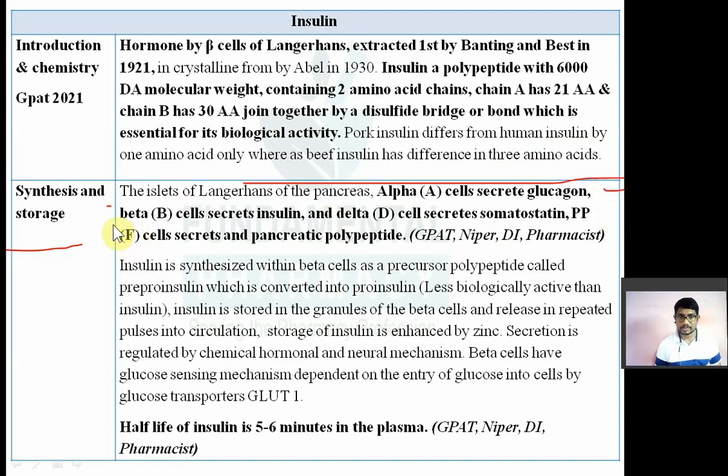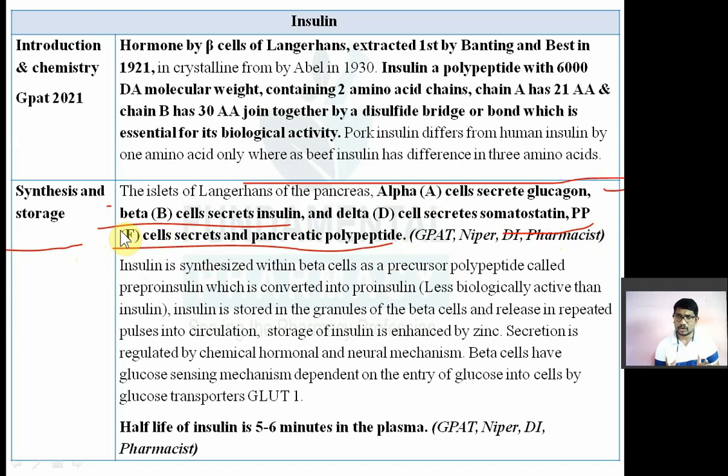Beta cells will secrete insulin, delta cells will secrete somatostatin, and PP or F cells will secrete pancreatic polypeptide. These are the different hormones secreted by the islets of Langerhans of the pancreas.